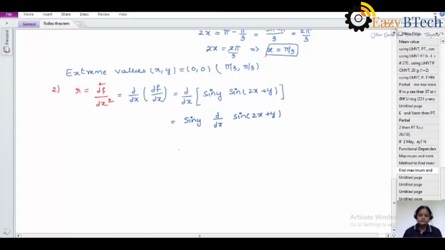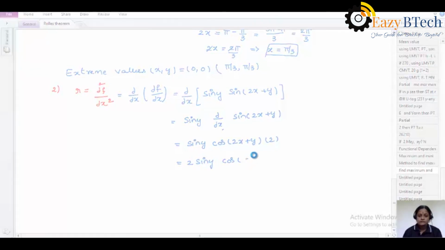Now doing the differentiation, sin of 2x plus y with respect to x here, that means cos of 2x plus y and again into 2. Okay, then 2 sin y cos of 2x plus y.